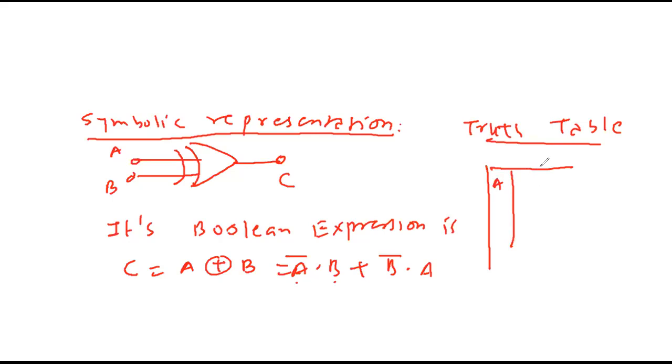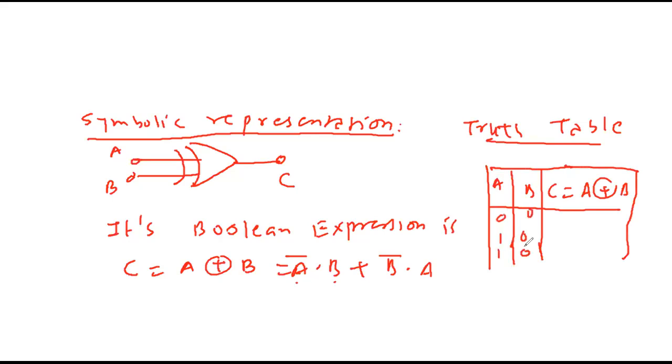A, B, C. It gives output only when one of the inputs is high, not both. Both 0, no output. Both 1, no output.